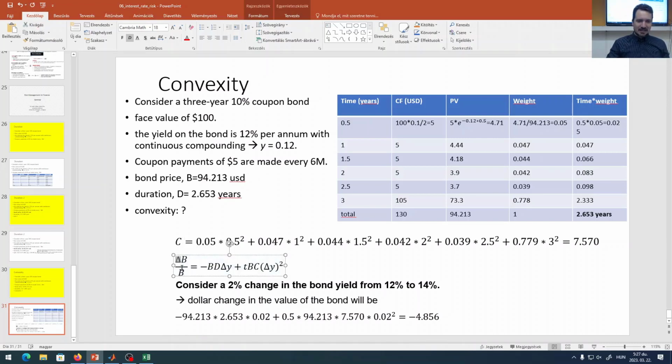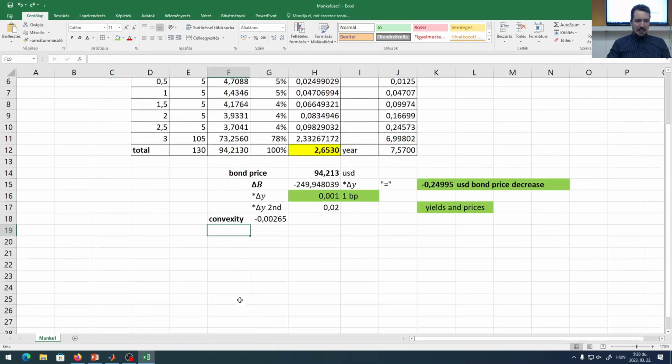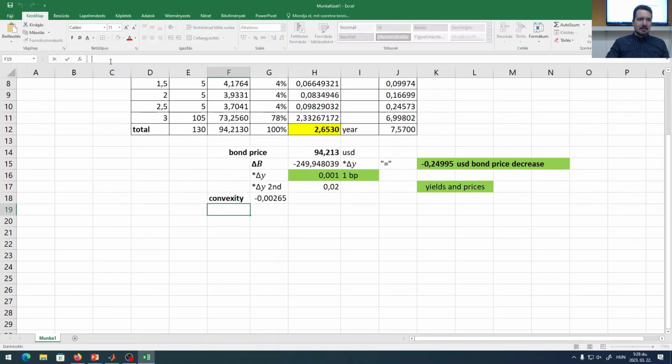That's why. Okay. So delta B. Delta B here.